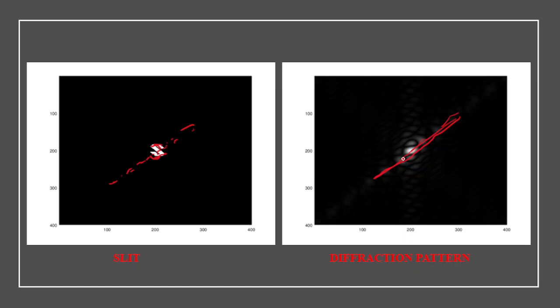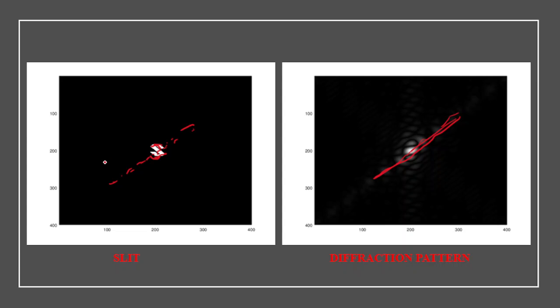So in the middle you can see there is some circular shape also. Using this idea, you can find the diffraction pattern for simple shape slits, like the L shape, Z shape, S shape, or also for a T shape or I shape.